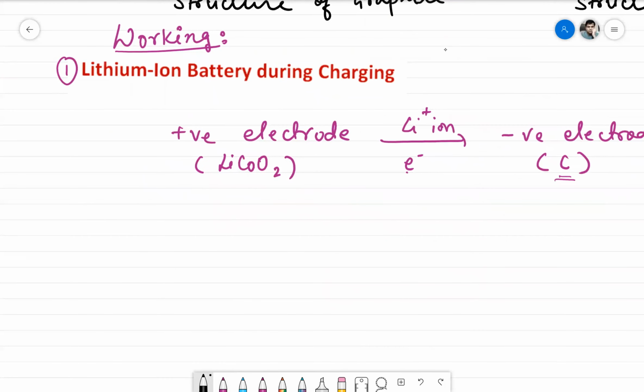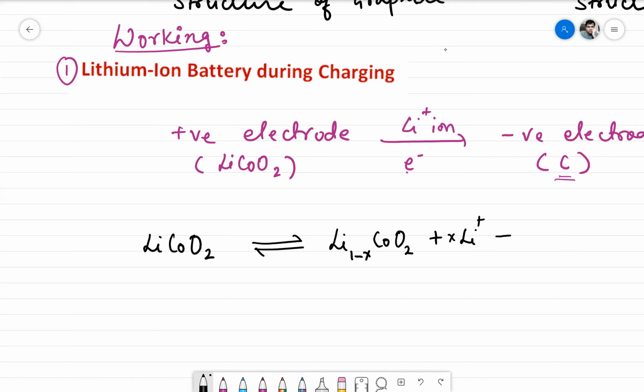So what is exactly happening here in chemical reactions? Lithium cobalt oxide: lithium ions are moving away, so the composition of lithium cobalt oxide changes. Suppose X number of lithium ions moved from this layer. These X lithium ions move towards the negative electrode, along with X number of electrons.